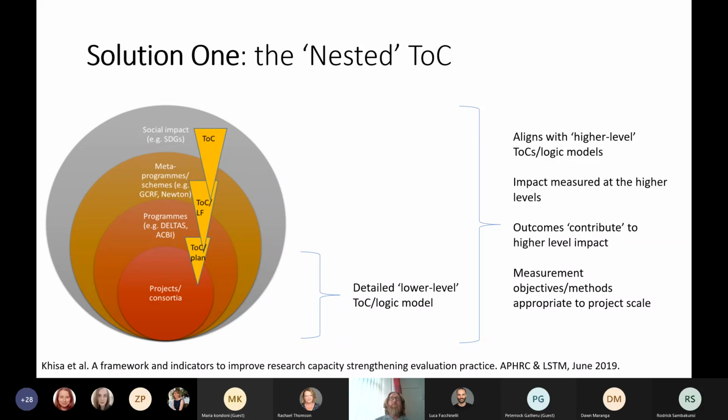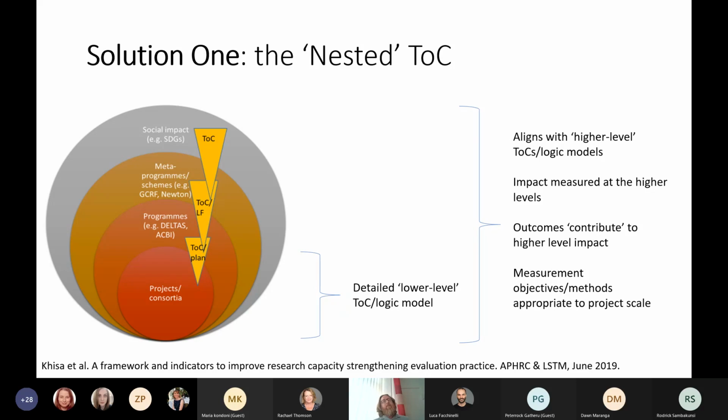Why this is useful, and I think this is particularly useful when your project might be short term or particularly small in scale, or when the intervention space you're working in is particularly complex. So there's not necessarily a clear linear relationship between what you're doing and the high level impacts you hope to achieve.